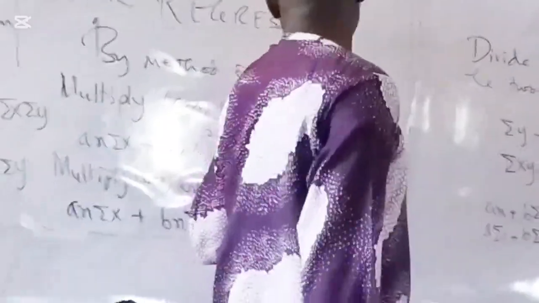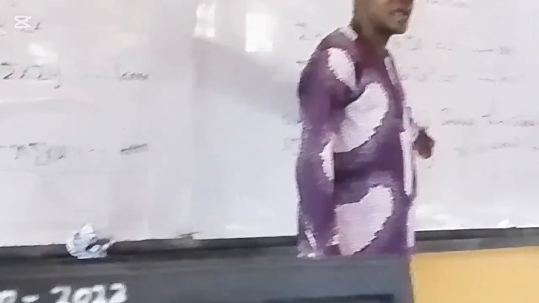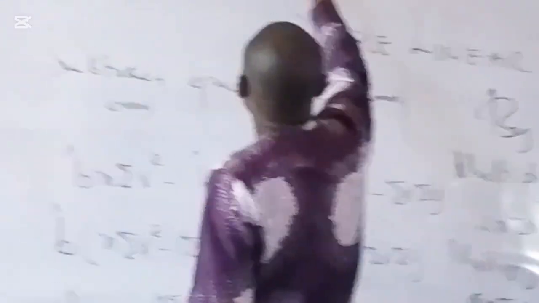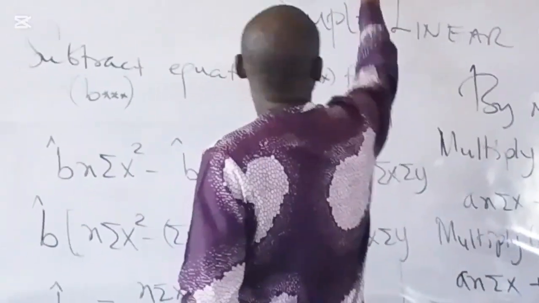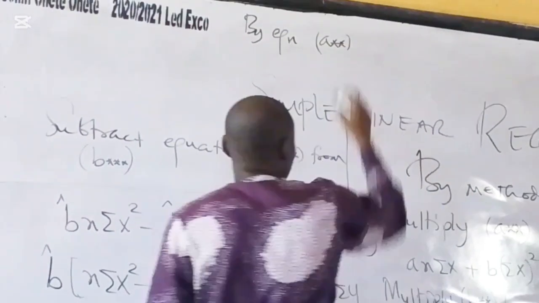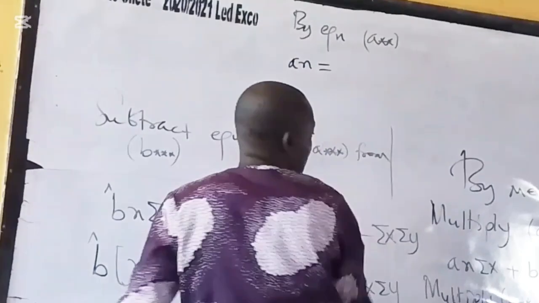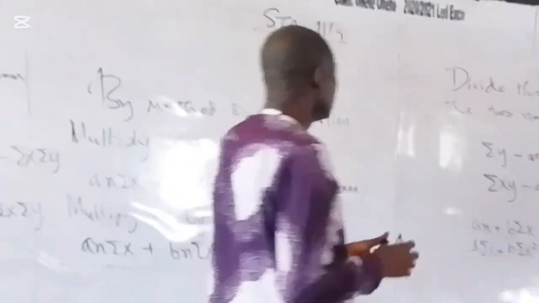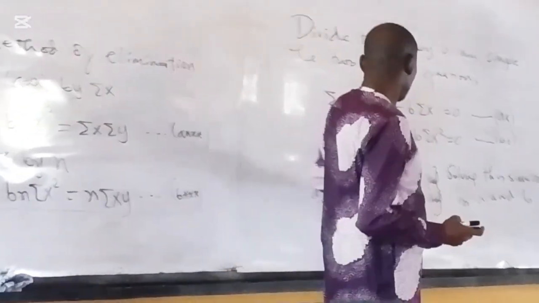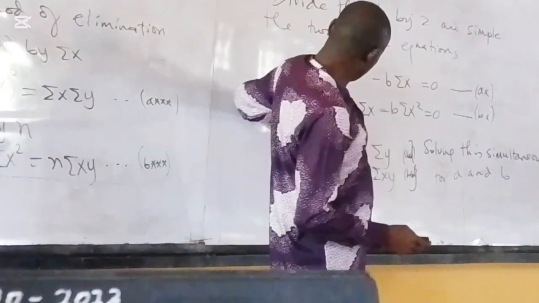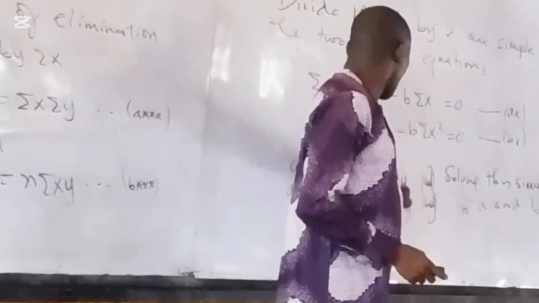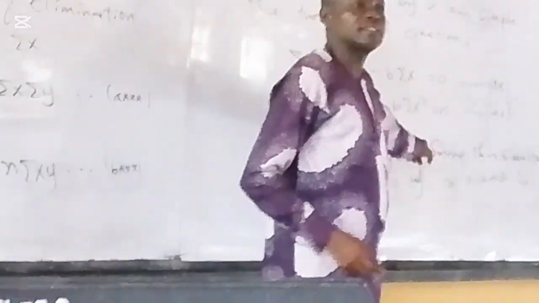We are going to look at a certain equation, equation A star star. By equation A star star, we have an is equal to sum of y minus b sum of x, because we are carrying this one to the other side.